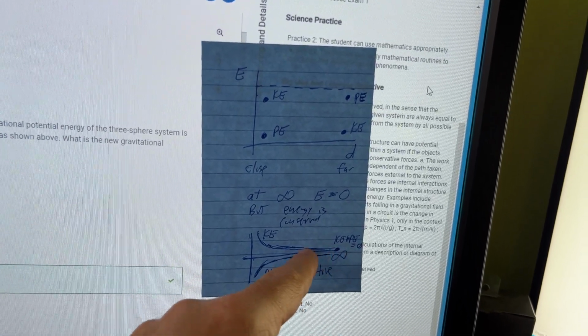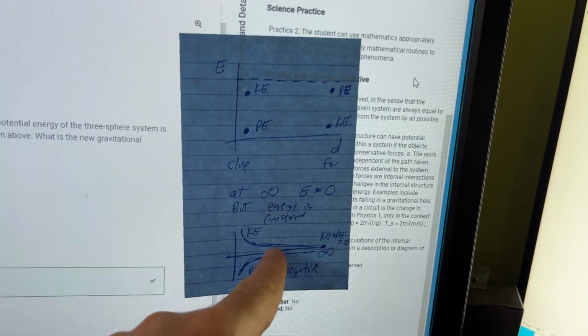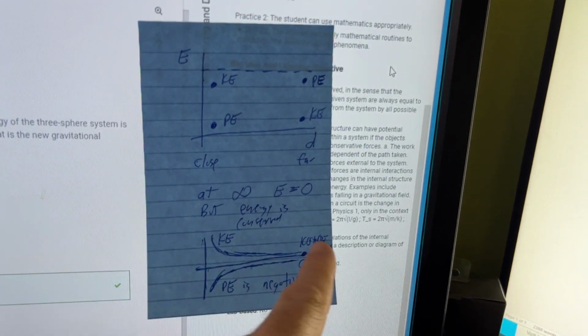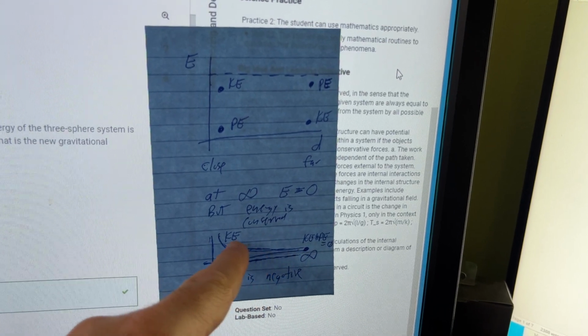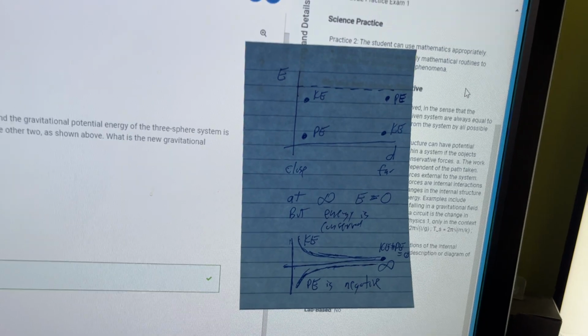And as I get closer to Earth, as the distance gets less, this horizontal axis is distance, the kinetic energy is going to go up, and it's going to go up as a square.